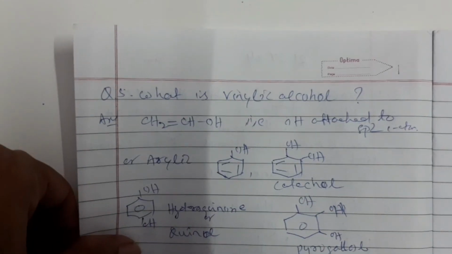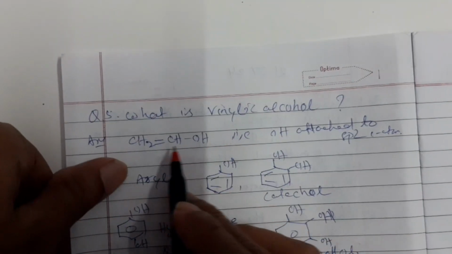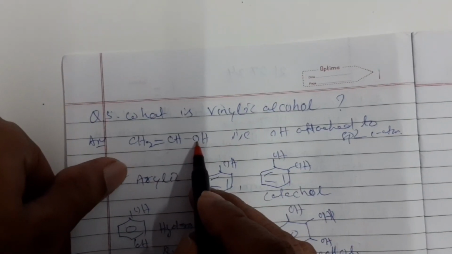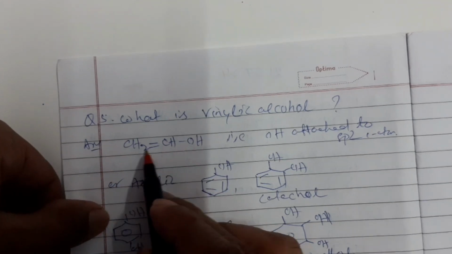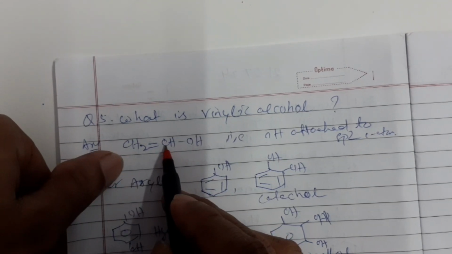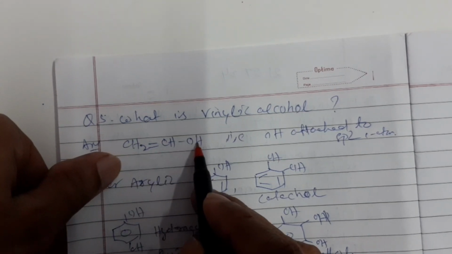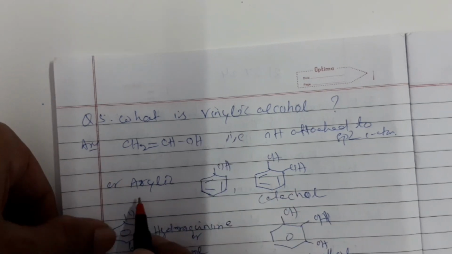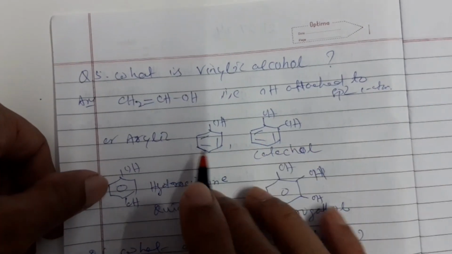Then what is vinyl? You see, vinyl is different. The OH is attached directly to the double bonded carbon. This is known as vinylic alcohol. Okay. Similarly, what is arylic?